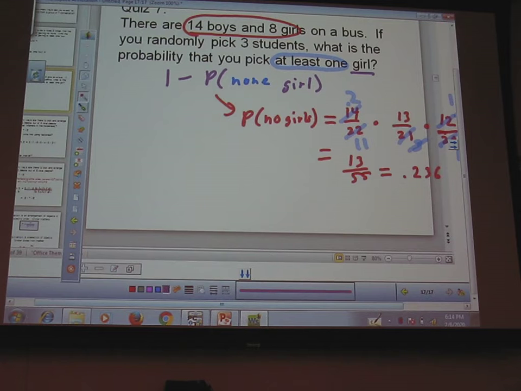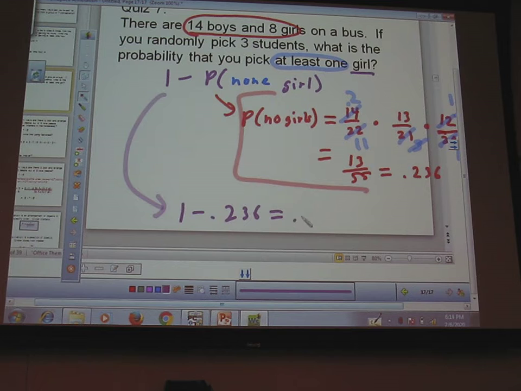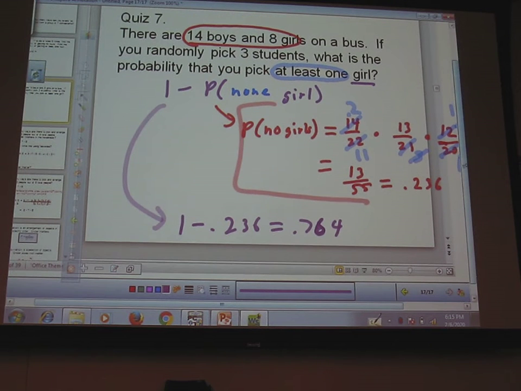So we take this part. Think of this as sort of a sidebar. And then we're going to continue on down here, and we're going to do 1 minus 0.236, 0.7564. Good? Everybody on board? Yeah. Okay. Perfect.